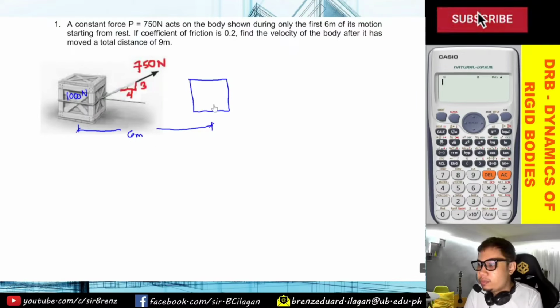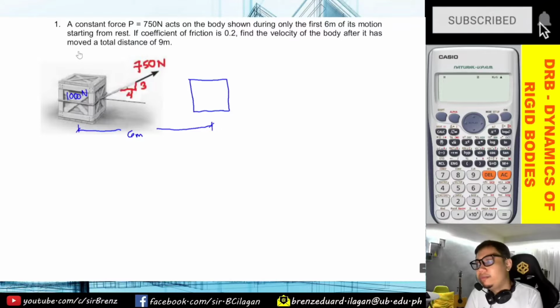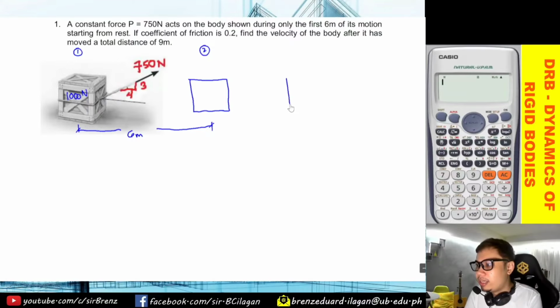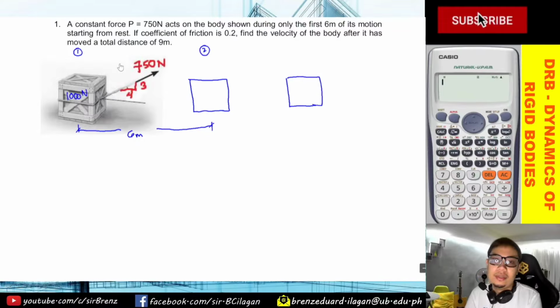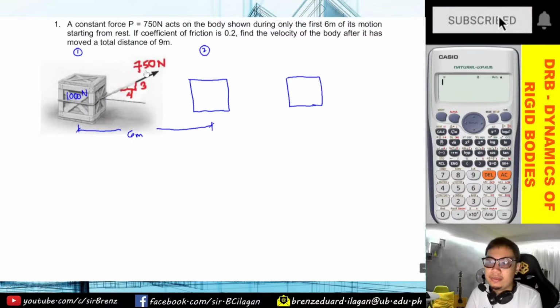So, during this point, may naka-apply na 750 Newton. So, let's just name this as point 1 up to point 2. And then next, from 6 meters hanggang marating niya yung 9 meter, tinanggal daw yung 750 Newton. Or the 750 Newton force was removed.